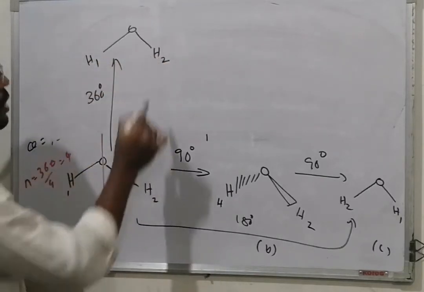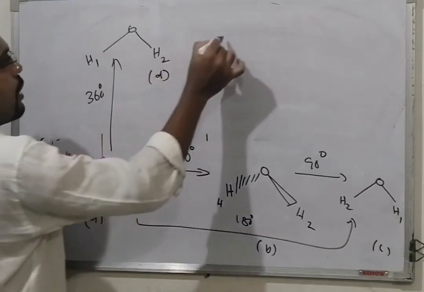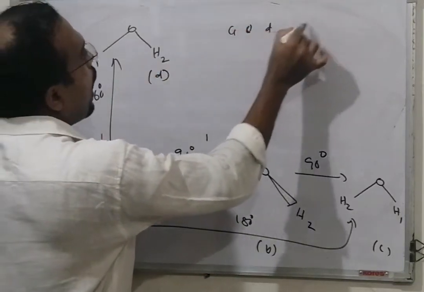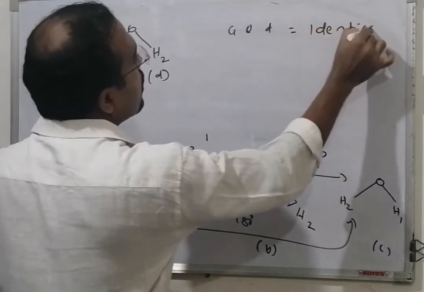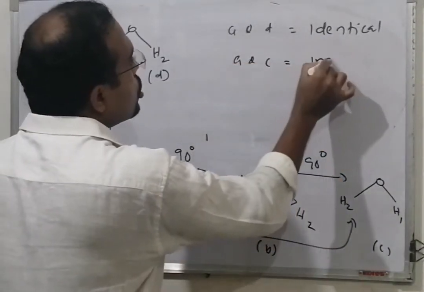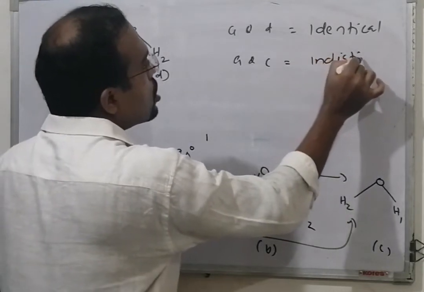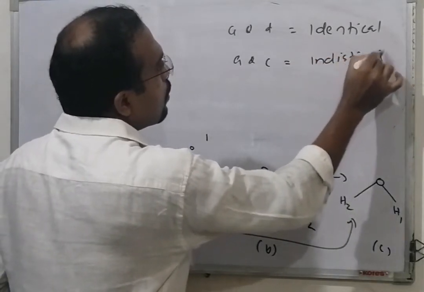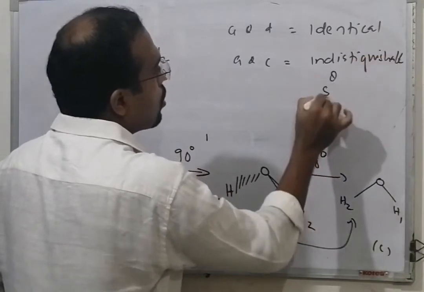Suppose this is called D. A and D are called identical. A and C are called indistinguishable and superimposable.